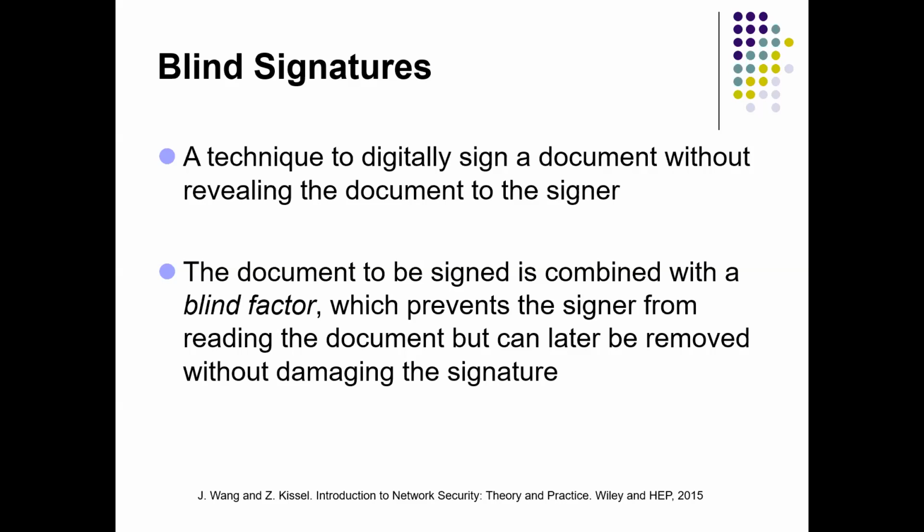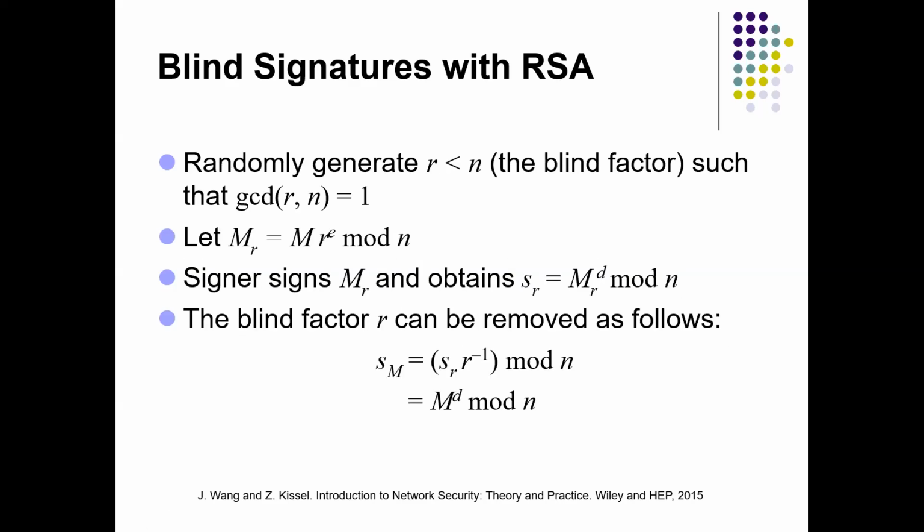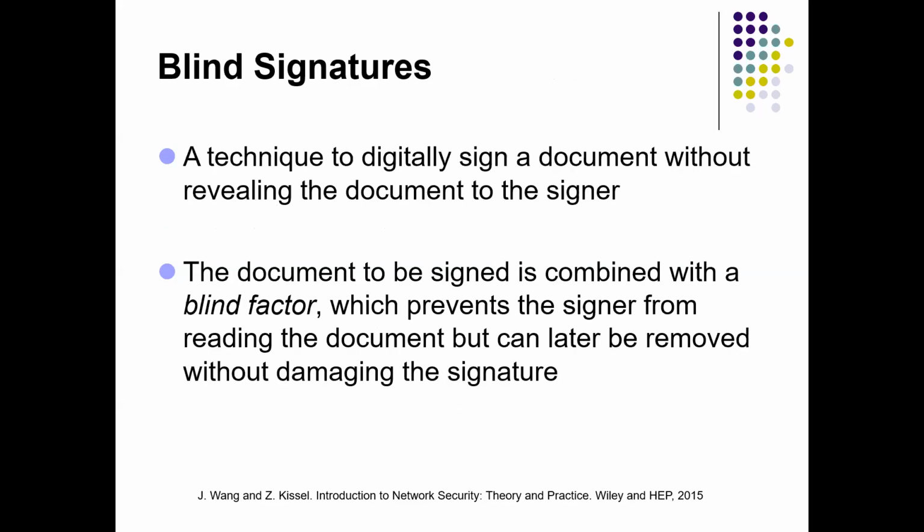What that means here is that, let's say I have a document M, and I want a signer to sign M. That means putting his signature on it, but I don't want the signer to see what M is. So this is a blind signature. A blind signature has an important application in electronic cash.